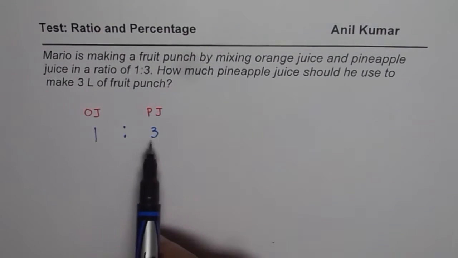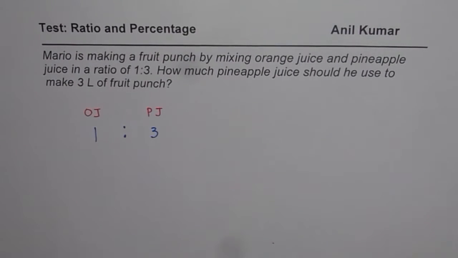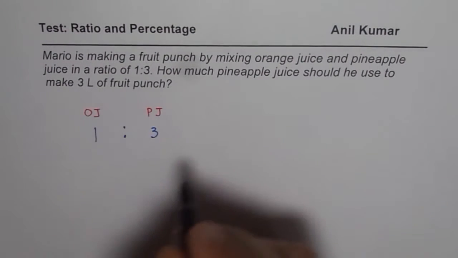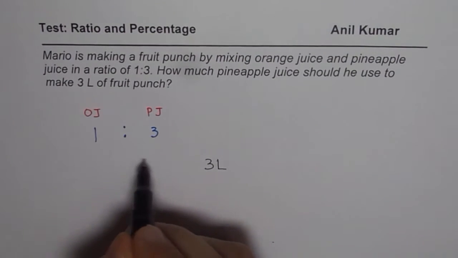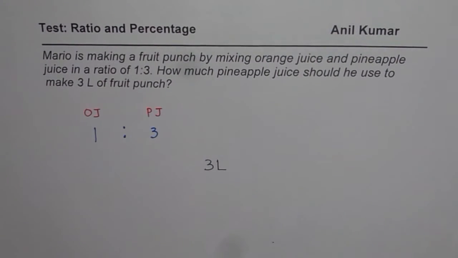You need to find the quantity of each when you have a total of 3 liters. So the question here is that you have to make juice so that the total is 3 liters. You want to find how much of each should be added to get a punch of 3 liters.